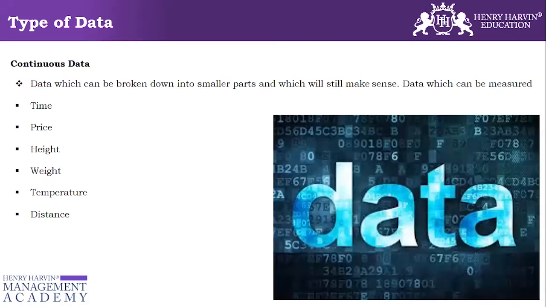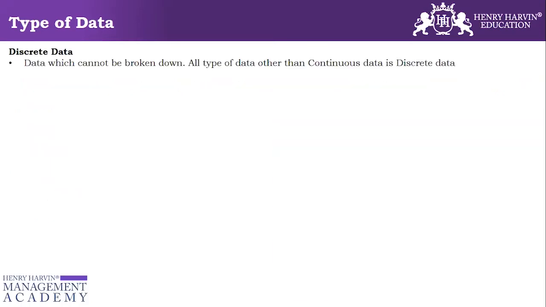Now we'll talk about discrete data. Discrete data cannot be broken down. All types of data other than continuous data are called discrete data. There are different types of discrete data that we will discuss.